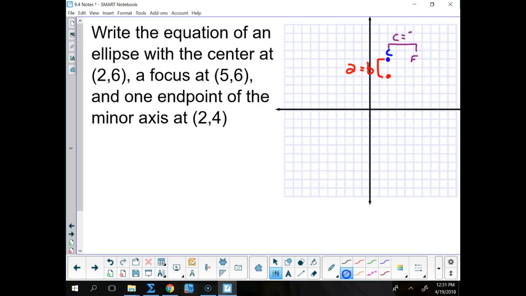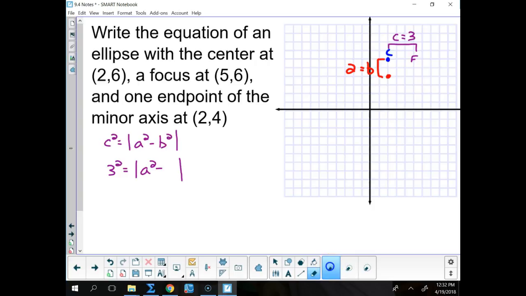Remember, C is the distance to my foci. Right? Okay? So C is 3.